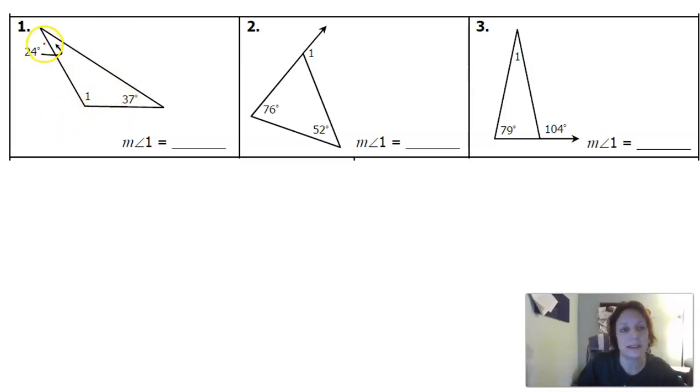So we know that if I take these three angles and add them up, 24 plus 37 plus this angle right here, I'll call it red blob, has to equal 180 degrees. Right?